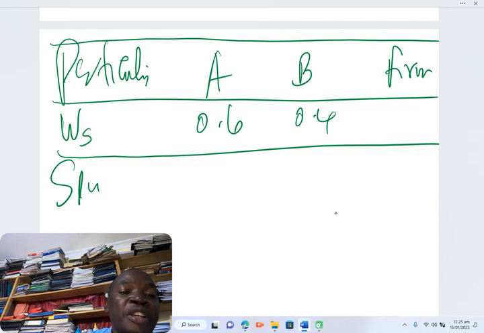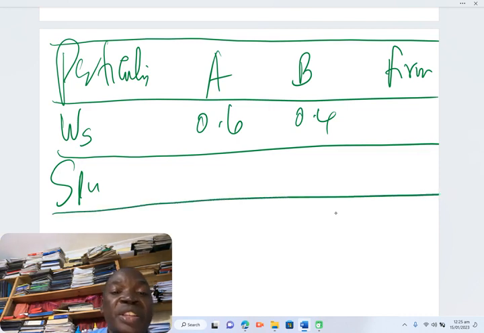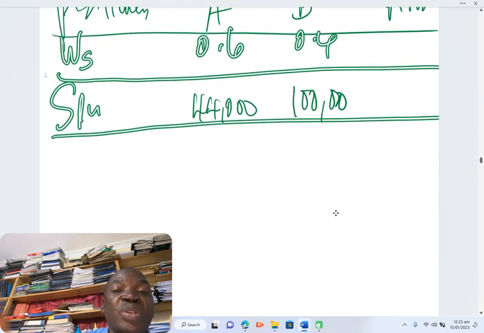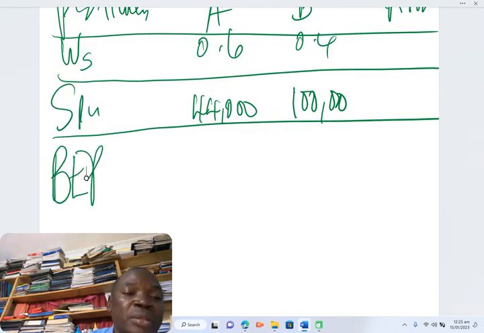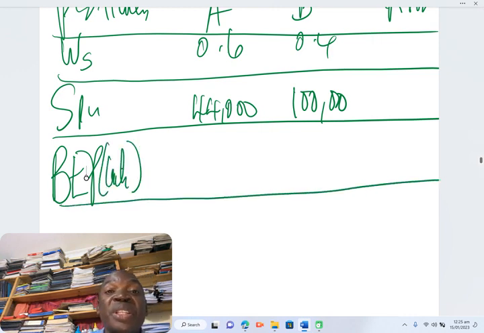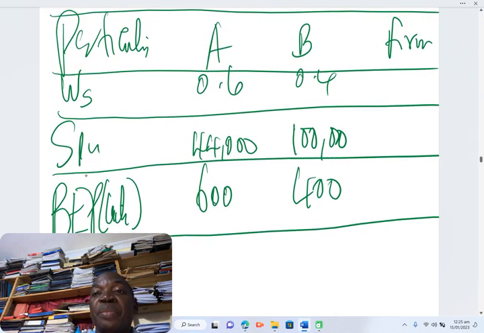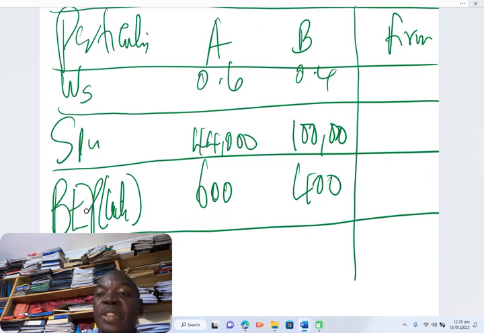Again, selling price, it is 44 and it is 100. So BEP in units, A 600 and B 400. In total composition for the firm, it is 1,000.